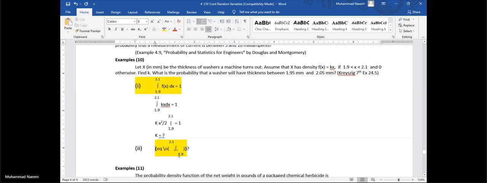If we have a different range, what will happen?